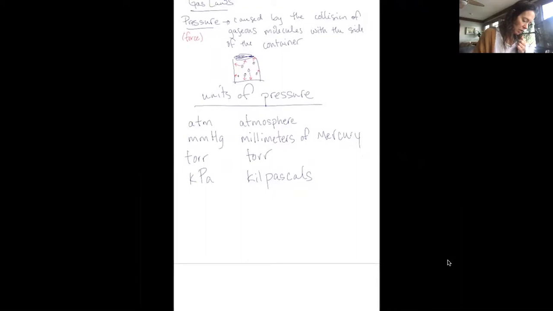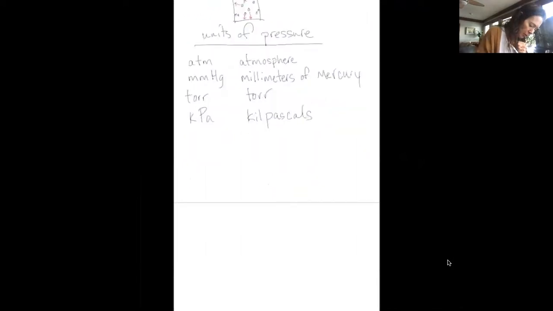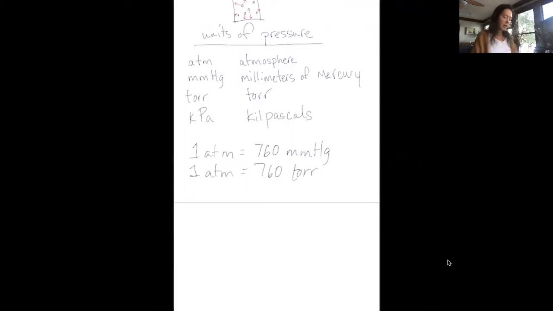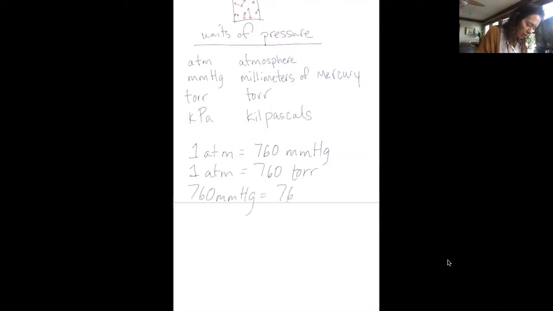Now, let's look at how they are related. 1 atmosphere is equal to 760 millimeters mercury. 1 atmosphere is also equal to 760 torr. What that means is that torr and millimeters mercury are the same. So 760 millimeters mercury is equivalent to 760 torr. They're identical.